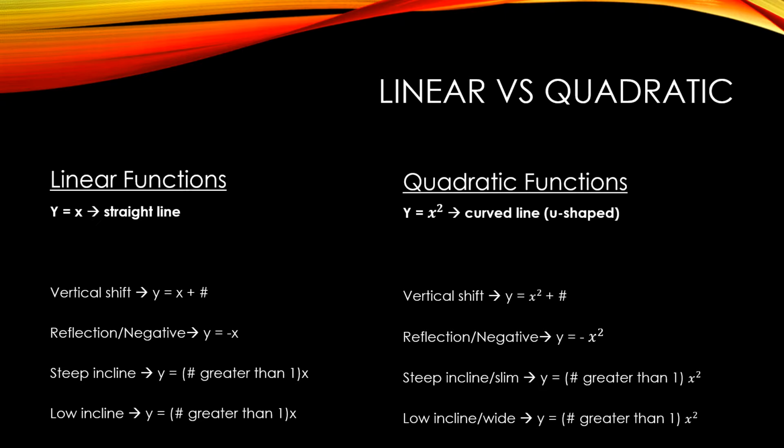Difference being we're using x for linear functions and x squared for quadratic functions. One of the only other differences are that linear functions do not have a horizontal shift, but quadratic functions do. And the value is always represented by the number inside of the bracket.